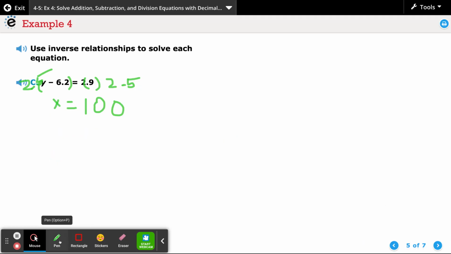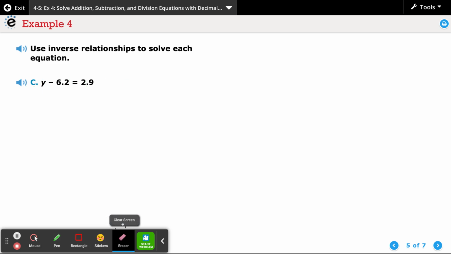All right, this time they ask us y minus 6.2 equals 2.9. Inverse operations, we're going to do plus 6.2, as long as we do it to both sides.